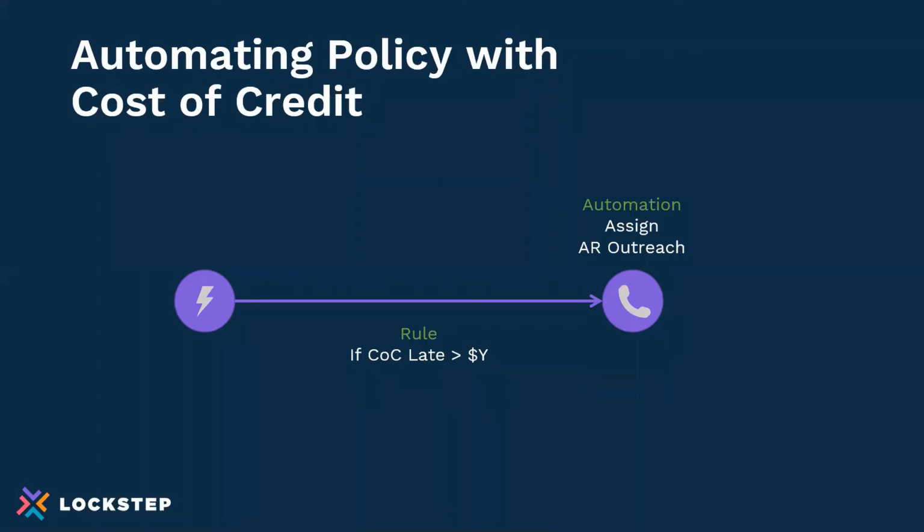You also can include those calculations directly within the communications. So as we talked about with AR sequencing, if you want to let the customers know that this invoice is now a potential for a fee of X amount based on it being overdue, you can automate that calculation and provide it within the communication. So there's a lot of power in being able to leverage that metric within the process.